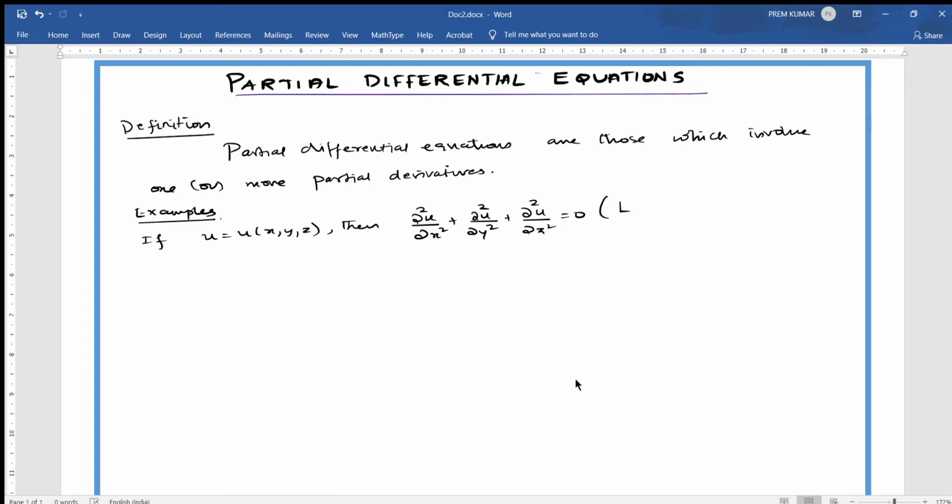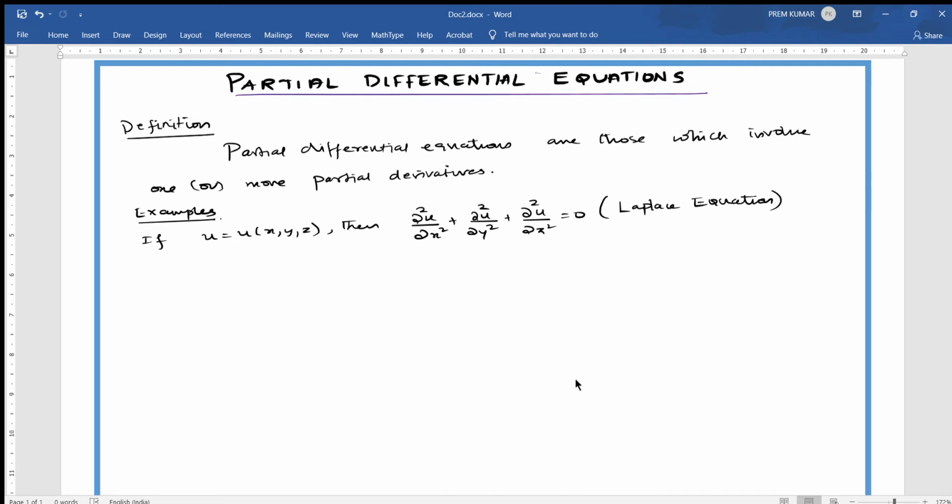This equation is known as the Laplace equation, and this is a partial differential equation, because there are terms involving partial derivatives, and it is a second order PDE.